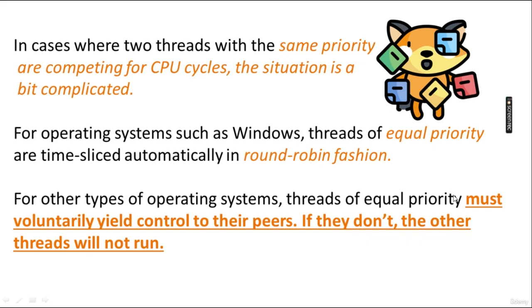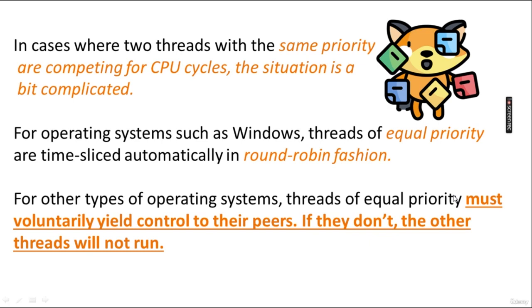For example, there are two threads A and B. Both have the same priority. Both may have high priority or both may have low priority. In that case, if that operating system is not Windows, they must voluntarily yield control to their peers. So after some time, it will give the control to their peers.